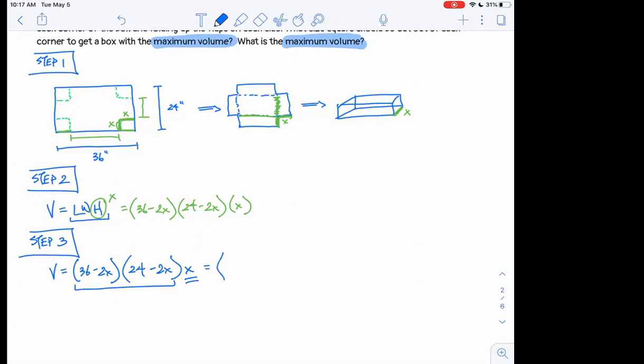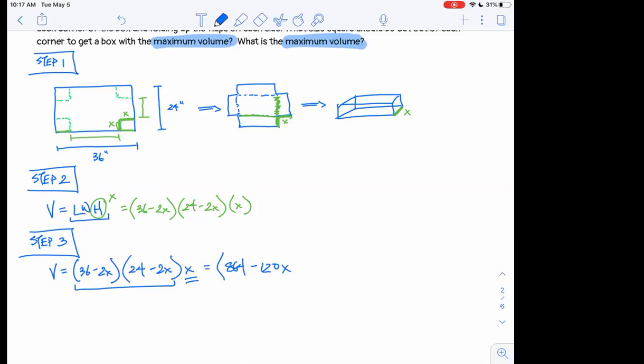So 36 times 24 is going to give me 864, right? My outer terms will be 36 times -2x, and then my inner terms are -2x times 24. So I get negative 72 minus 48, which is minus 120x.